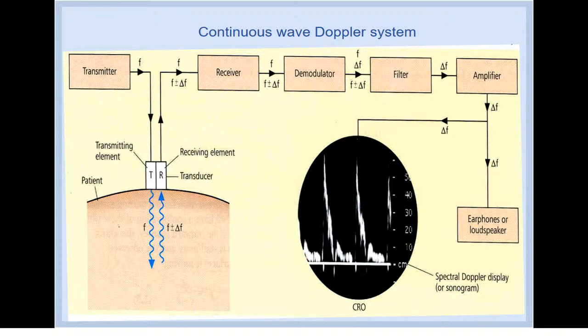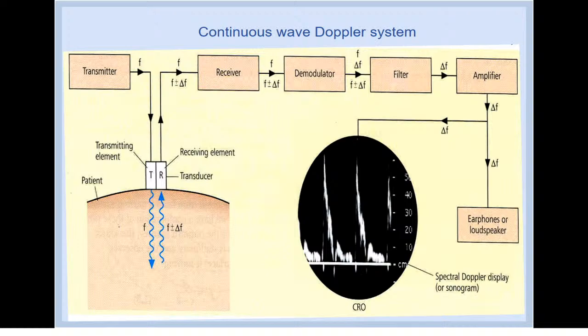You can see that at the walls the velocity is the lowest, and at the center of the vessel, the velocity of blood is the greatest, producing the greatest Doppler shift of the frequency, so consequently producing the greater signal here.